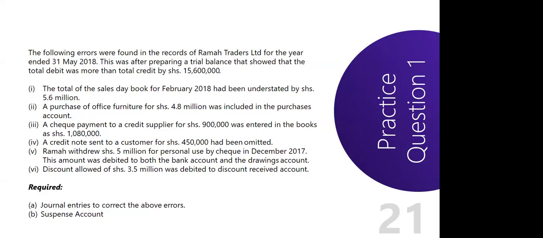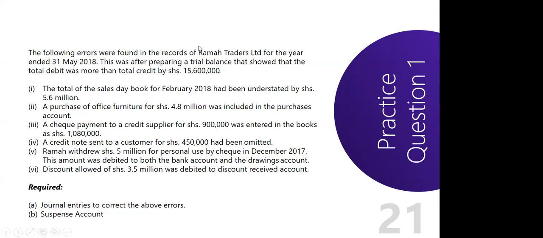And for every error that affects your trial balance or is detected by the trial balance, we create an entry to the suspense account. So this is how we are going to do it.